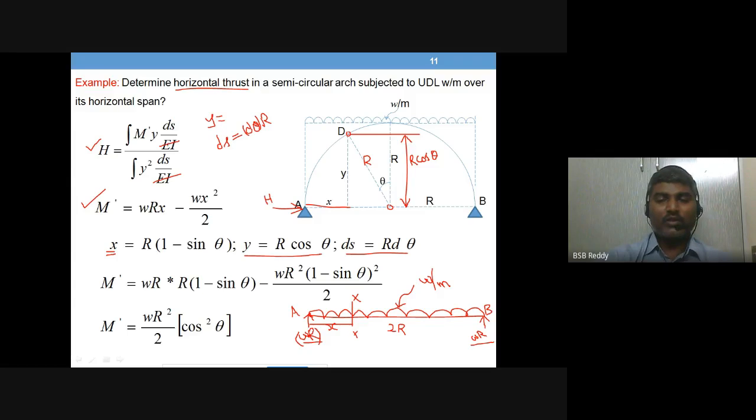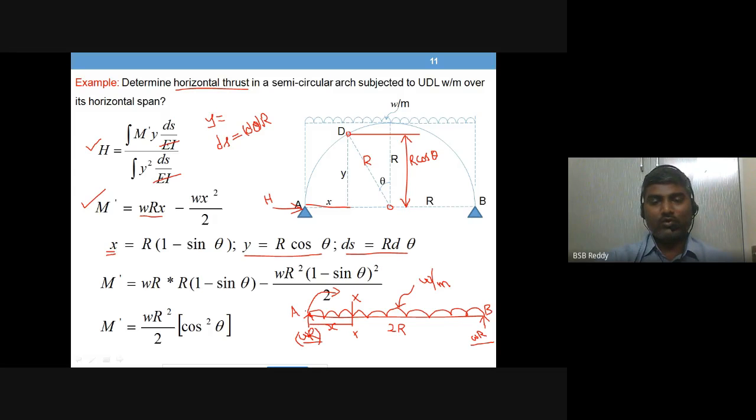Okay, so there is a reaction W into R into distance x. WR into x is moment from support reaction. The direction clockwise. So left clockwise, is positive because it is going to create sagging.